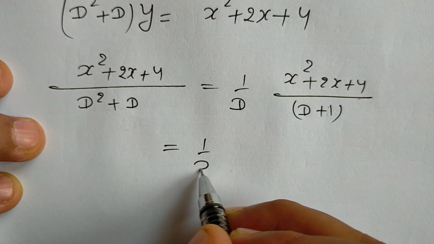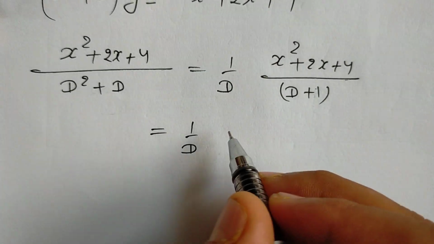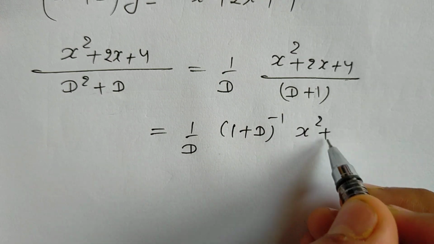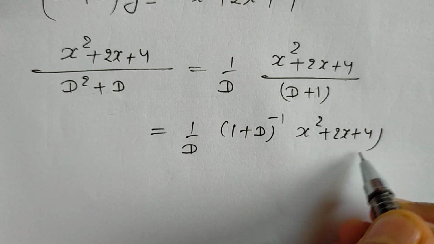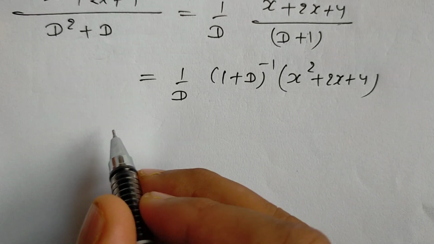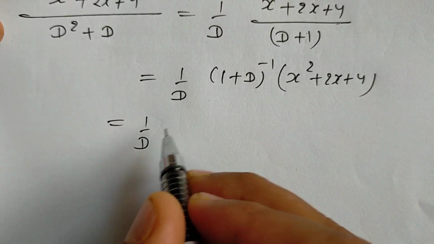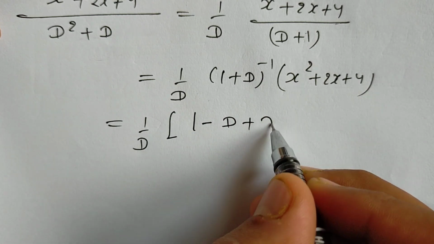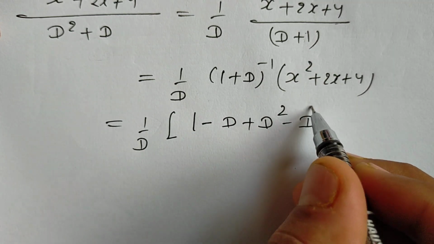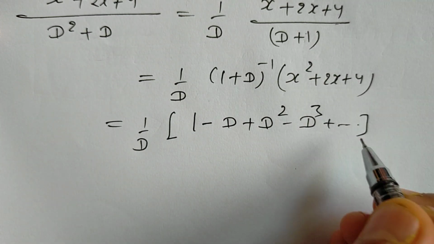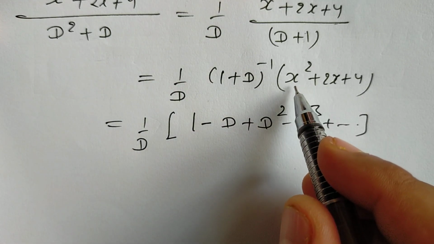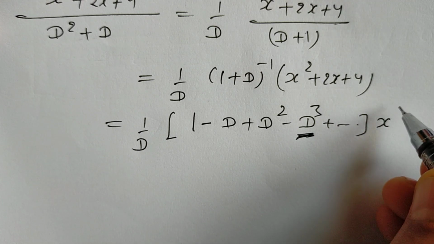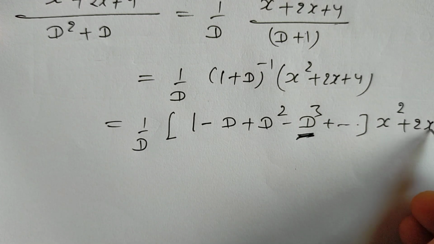So we can have 1 by D and 1 plus D power minus 1 times x square plus 2x plus 4. By the binomial expression we have 1 minus D plus D square minus D cube plus and so on, and since we have a quadratic, it will stop before D cube.